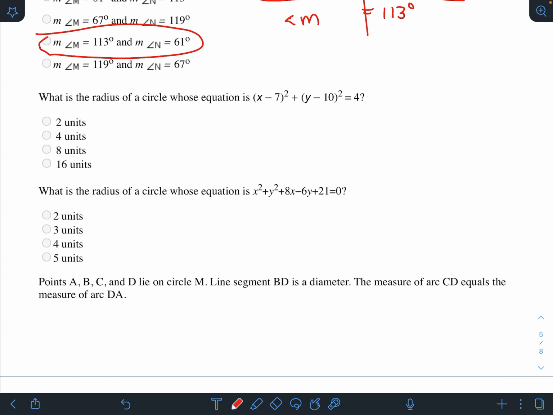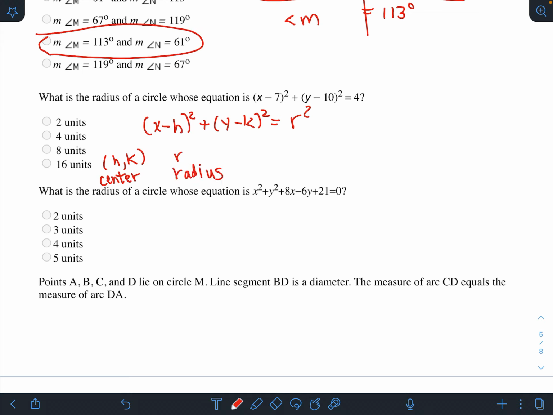Okay, now what is the radius of a circle whose equation is x minus 7 squared plus y minus 10 squared equals 4? If you'll recall, the standard form of an equation of a circle is x minus h squared plus y minus k squared, and that's going to be equal to r squared. All right, now (h, k) is the center of the circle, and then r is the radius.